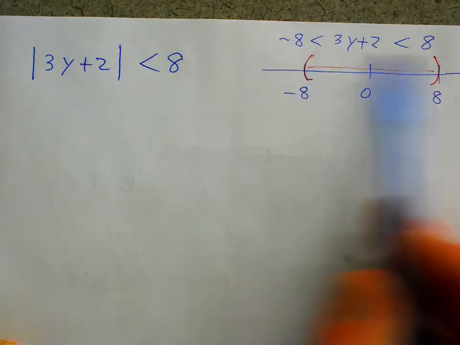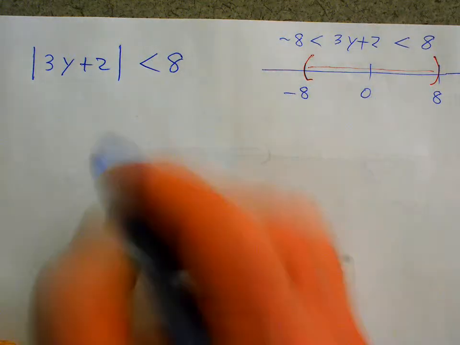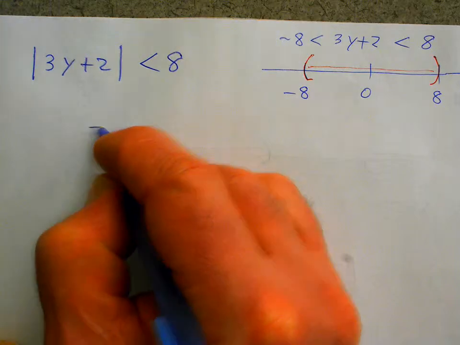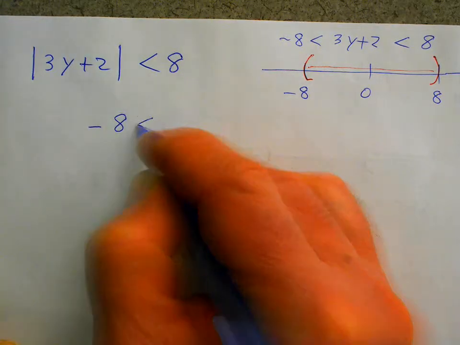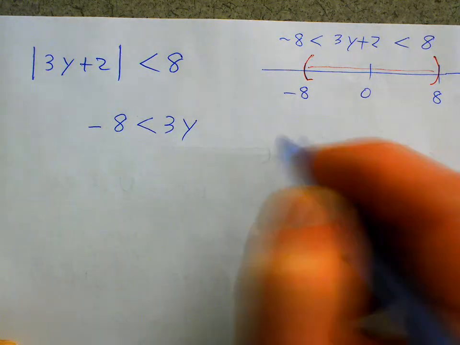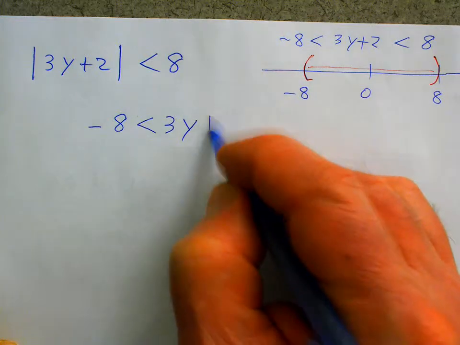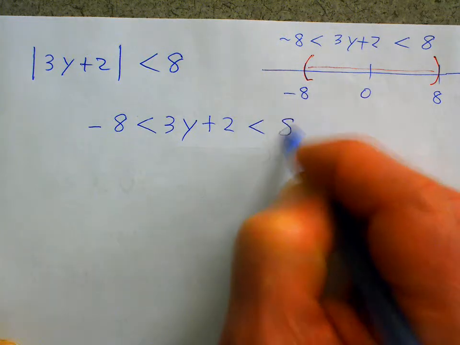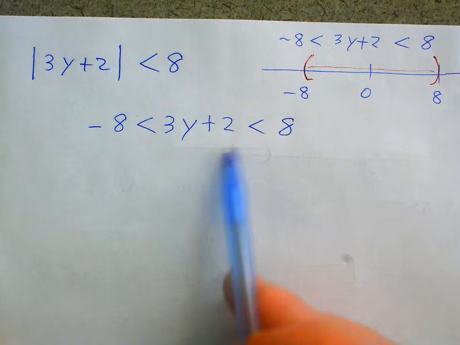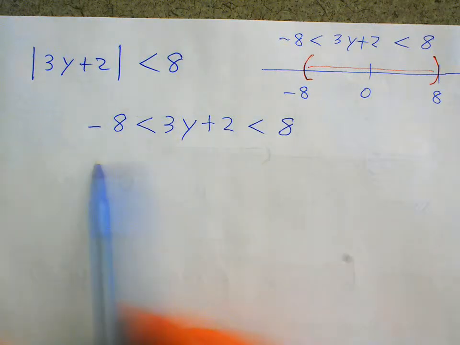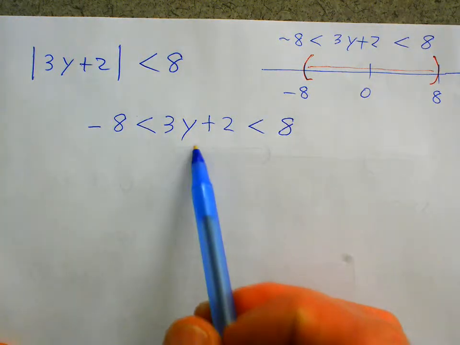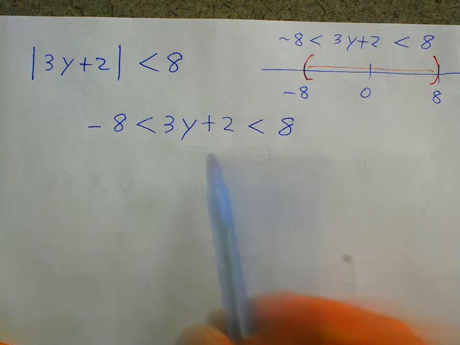So we can just solve this directly. I'll rewrite this. This will be our last task for the day. If negative 8 is less than 3y plus 2, which is less than 8, we can solve this compound inequality for y if we do the same thing to all three parts.